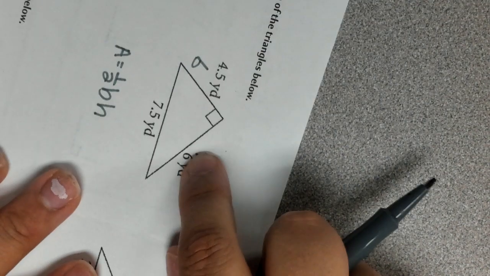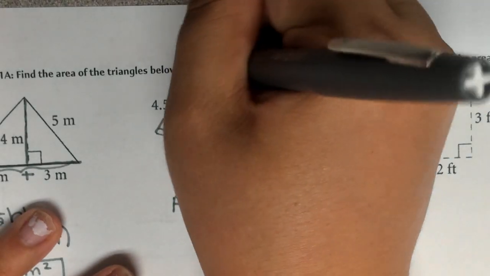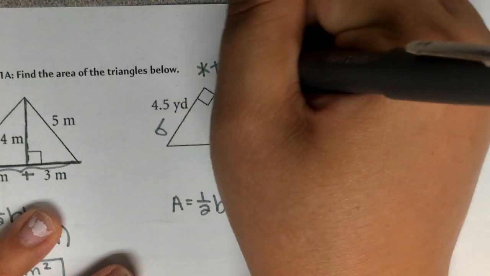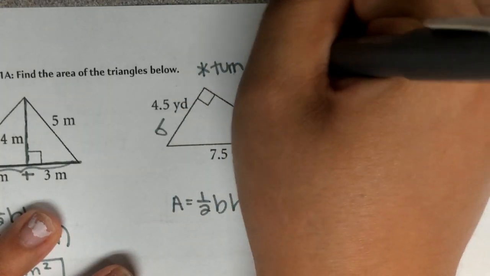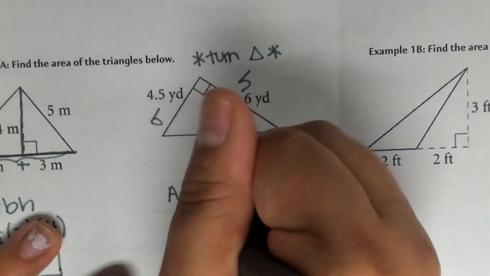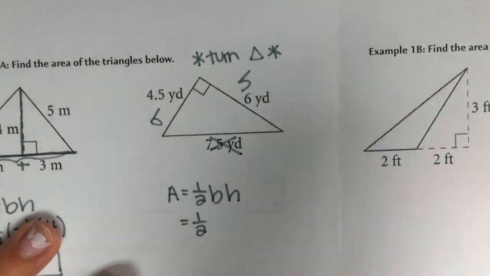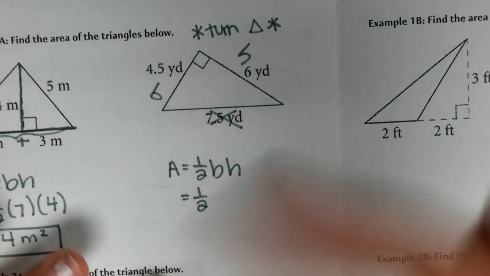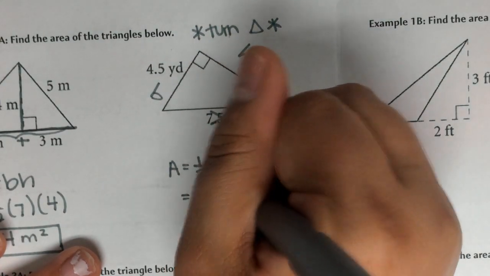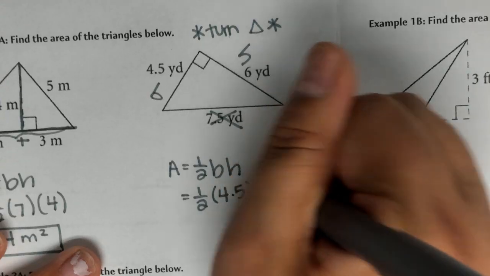And this is the height. You could totally turn it like this and make this the base. And this, it doesn't matter. Okay? But no matter what, just as a reminder, for this one, you need to turn your triangle. Your base is not always what's on the bottom. So I'm going to do the base is 4.5, the height is 6.